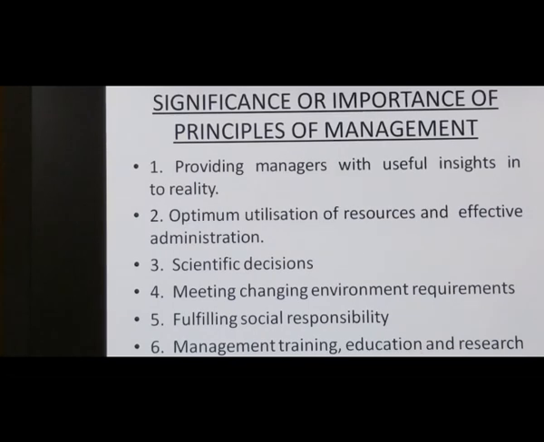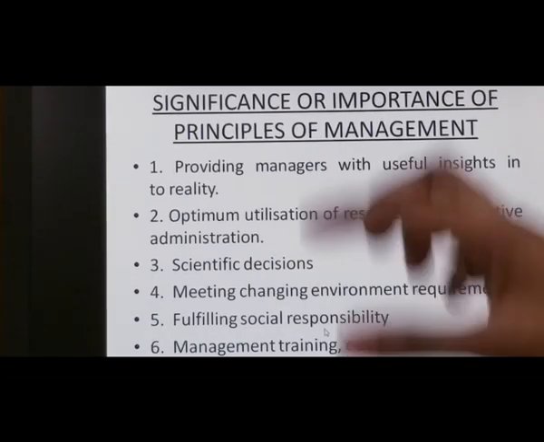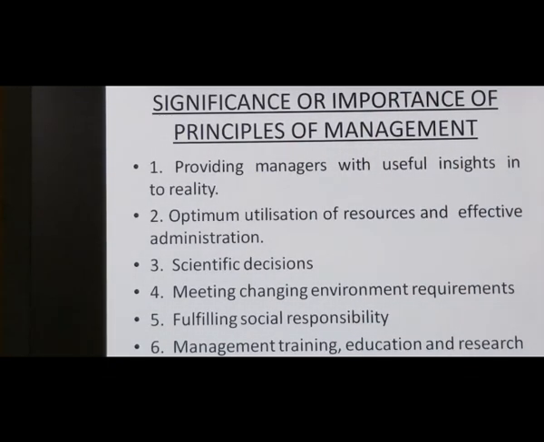Next is fulfilling social responsibility. You can see here, fifth point is fulfilling social responsibility. Some of the principles also help the managers in fulfilling the responsibility towards the society. Like there is a principle of fair remuneration, which speaks about fair remuneration to be paid to the employees so that they are able to earn a reasonable standard of living. If you remember, last year we have studied about personal objectives, social objectives, where it speaks about fair remuneration to be paid to the employees.